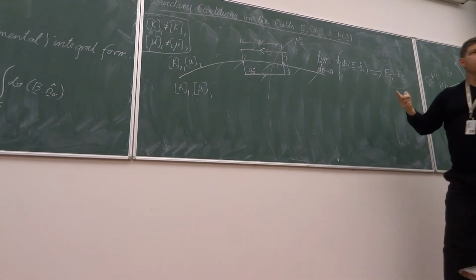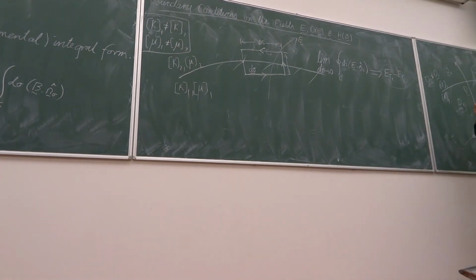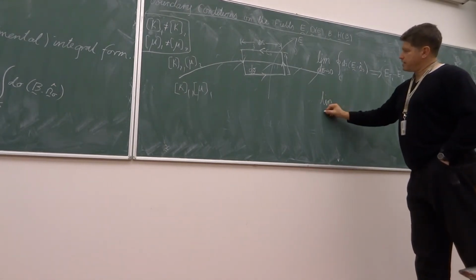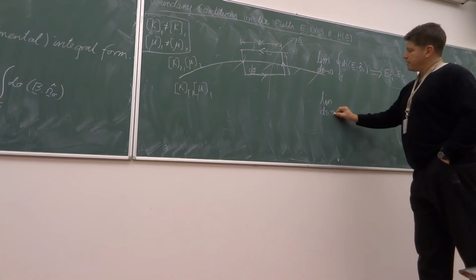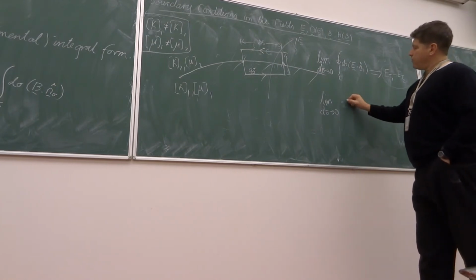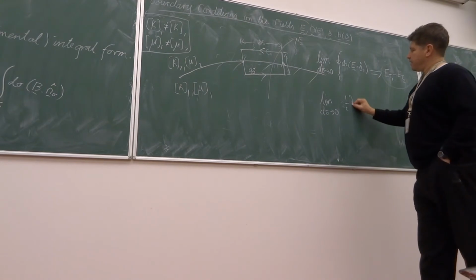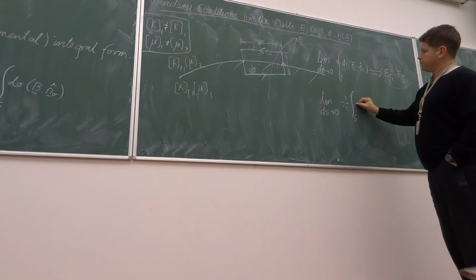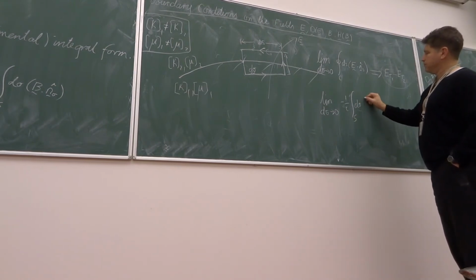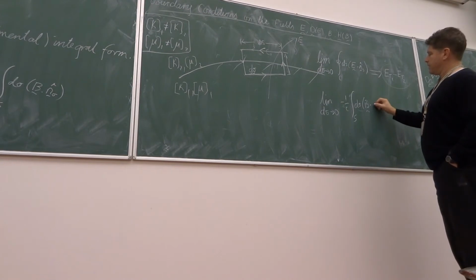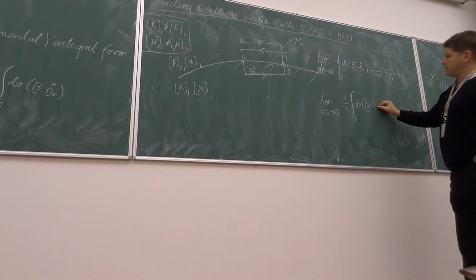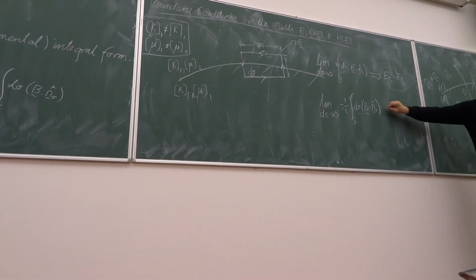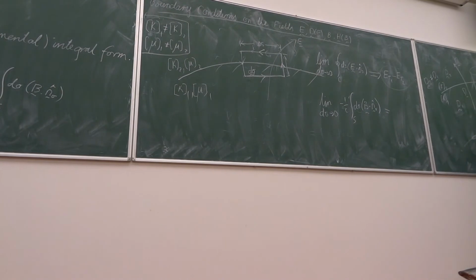We need to find out now what happens in terms of the magnetic field. So again, we look at the limiting action as the area of the loop goes to 0. What to you would be the obvious answer?